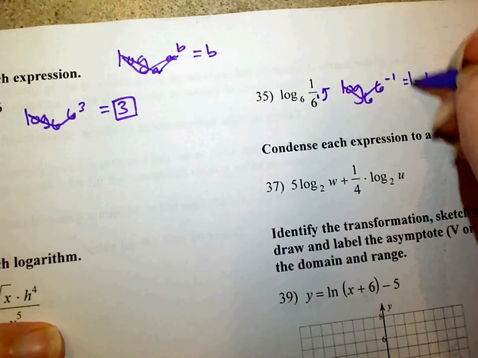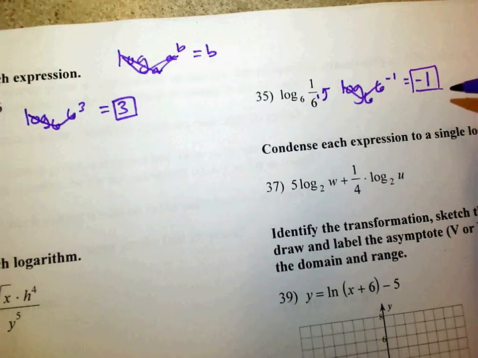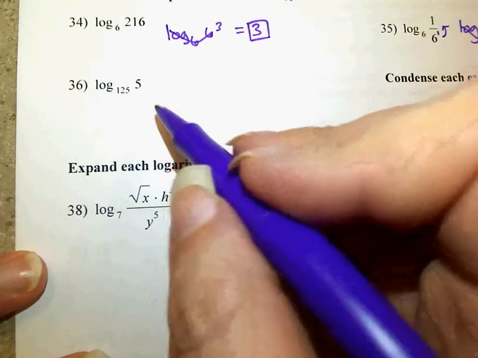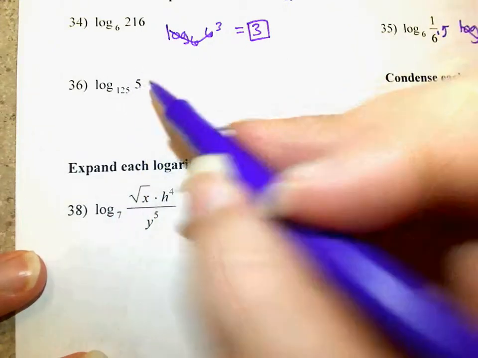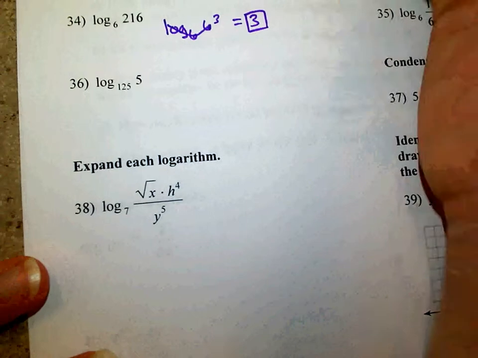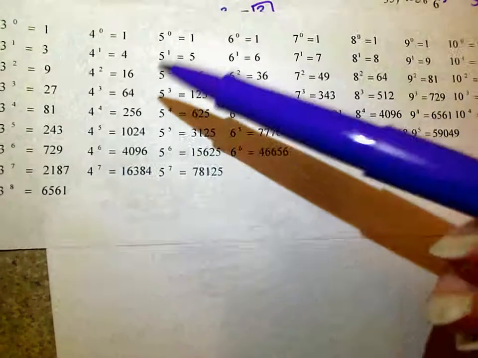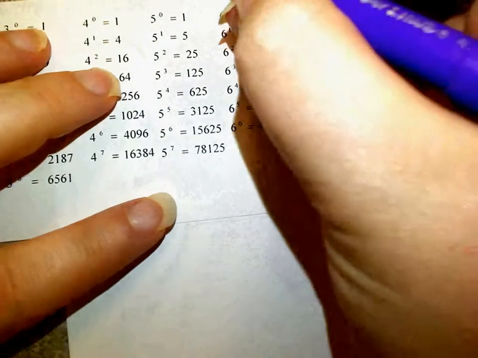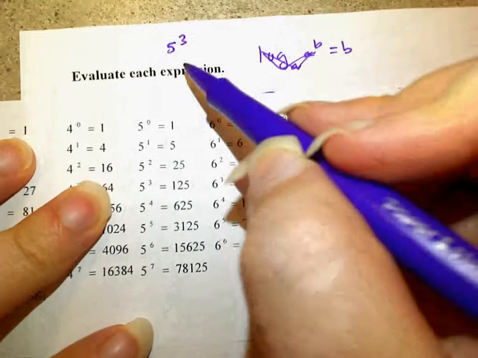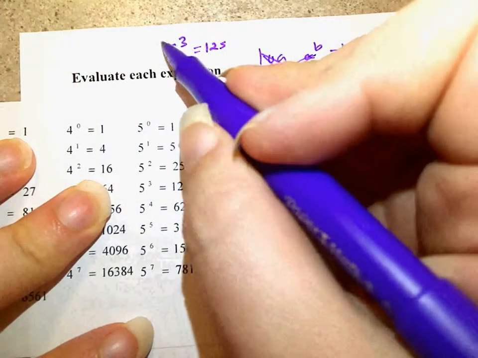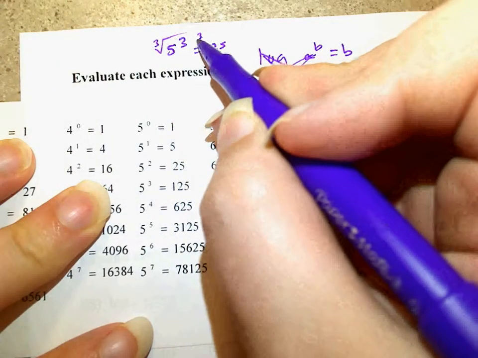This one's a little bit tricky. What you have to think of is 5 is 125 to the what power? Well, I know that 5 cubed is 125. If 5 cubed is 125, does it make sense that if I take the cubed root of both sides, I get 5 equals the cubed root of 125?